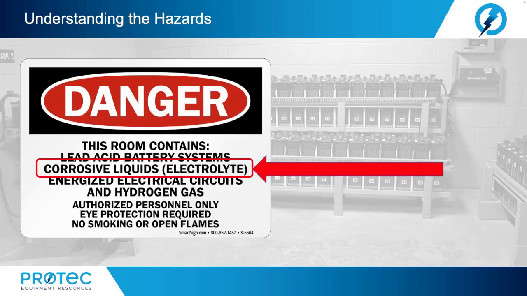Okay, corrosive liquids. Lead-acid batteries are in a way a chemical miracle. The active materials are simply lead and sulfuric acid and lead compounds formed through the charging and discharging of the battery. When a battery is charged, additional energy is stored in chemistry changes.